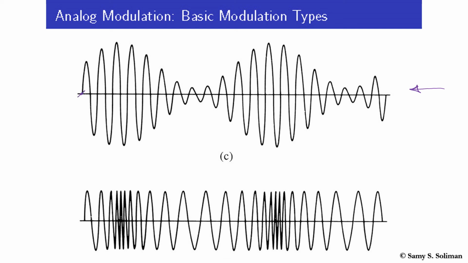As you can see here, the time between zero crossings is fixed, so the frequency is constant. However, the amplitude, or the envelope as we call it, is not fixed, it's varying, and this variation is what we consider the information.